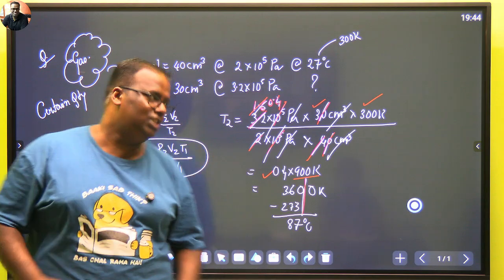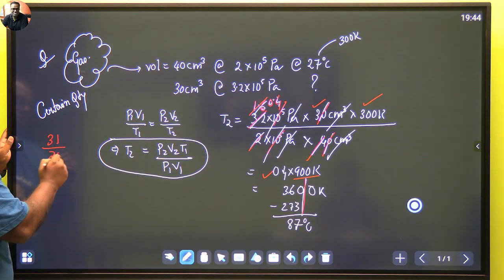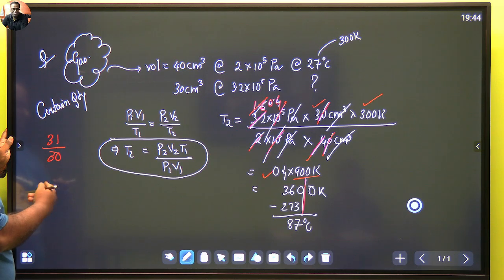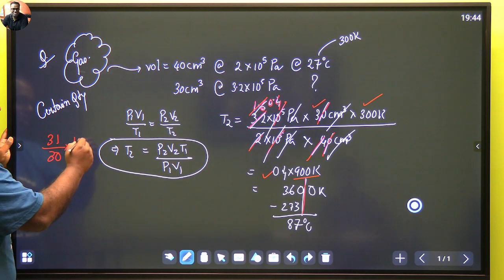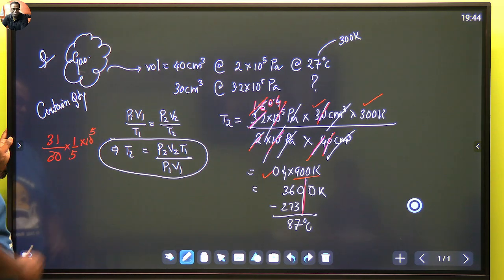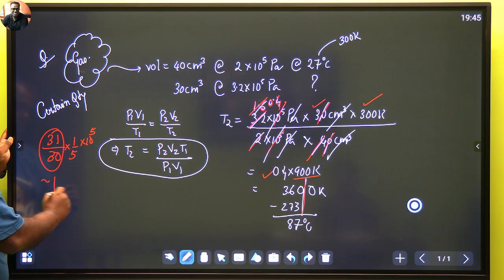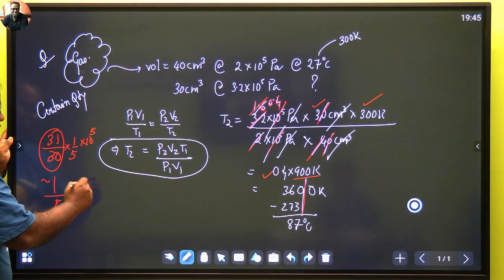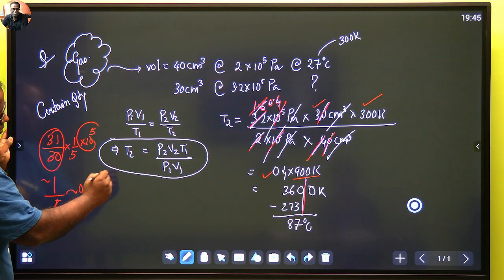Apply logic directly. In your last question it came out as 31 upon 30, which I said is almost equal to 1, into 1 by 5, remember? Into 10 to the power 5. This was the expression. This thing is approximately 1. 1 divided by 5 is approximately 0.2. So 0.2 multiplied by 10 to the power 5. This should be the answer.